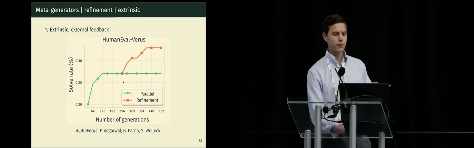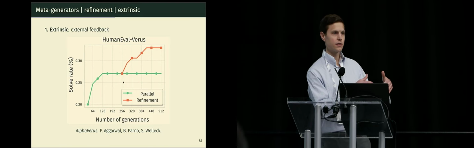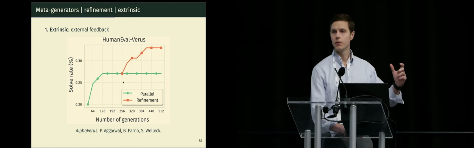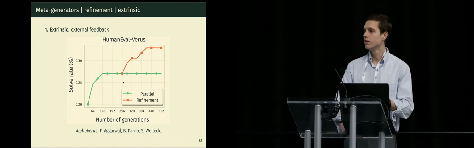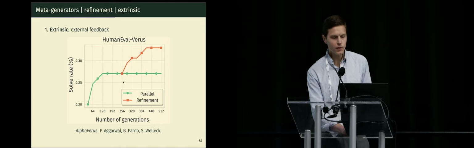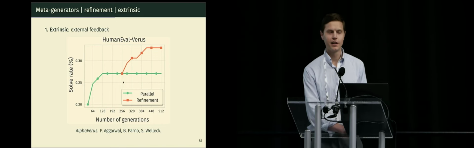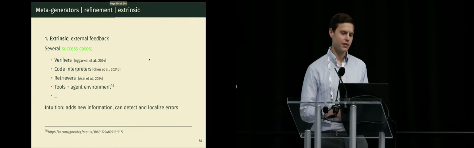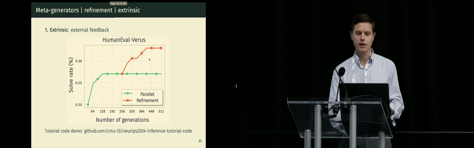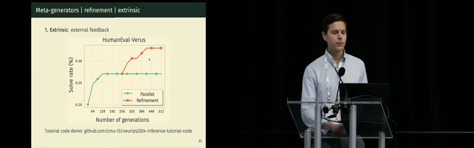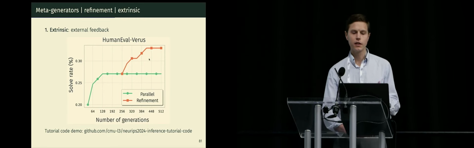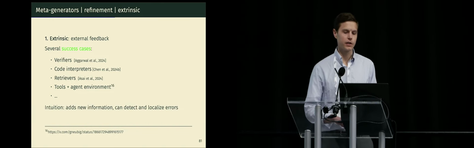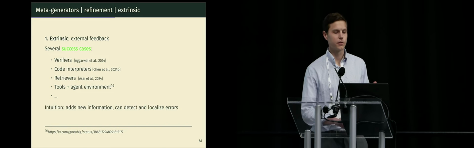Then if you start out with 256 generations and start doing refinement, you can get this additional jump in performance that you otherwise can't get without the feedback. How you do the refinement has different design choices, so you can check out the paper here. But the high-level takeaway is that if you have these external sources of feedback, you can often get benefits with these refinement methods.